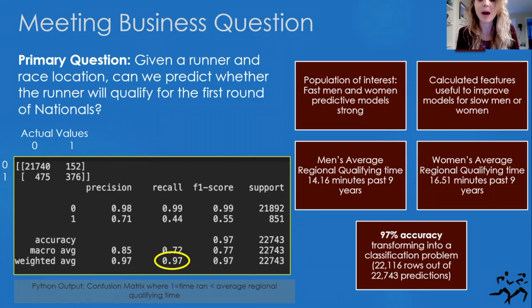I defined this by identifying what the regional qualifying time was each year, since it was a little bit different. And it turns out my model came out with a 97% accuracy. So though the model does not pinpoint every single runner to the second of what they would run in each race, it was 97% accurate in identifying whether they would qualify for regionals, which was the goal of the model.